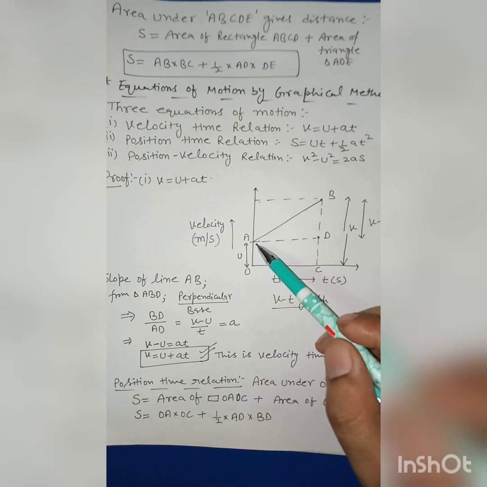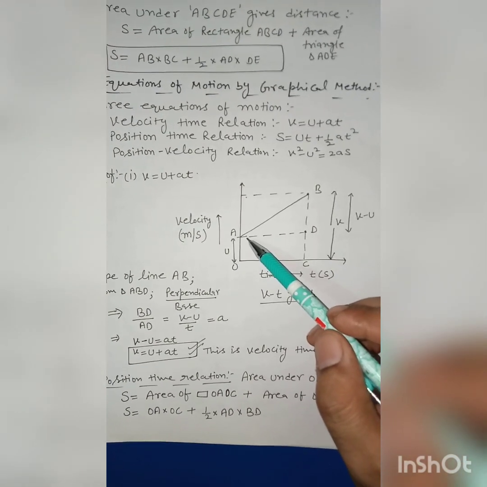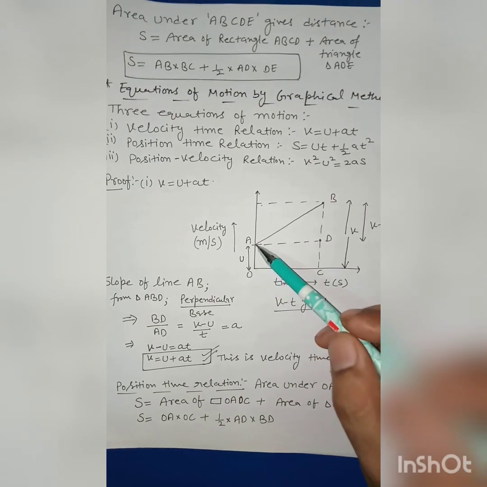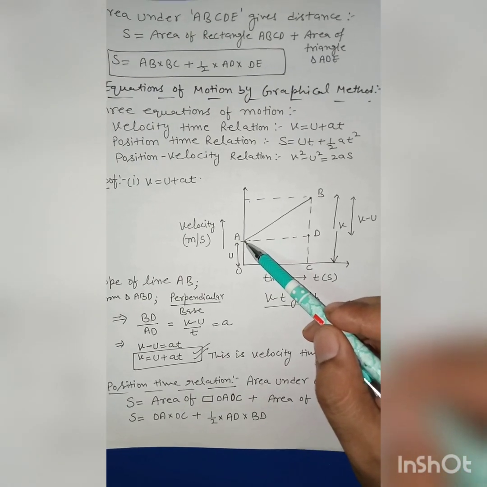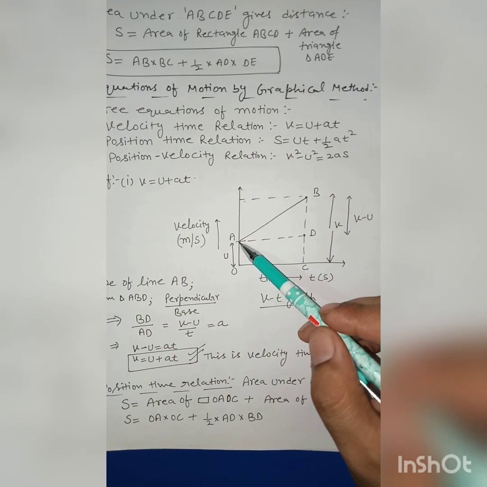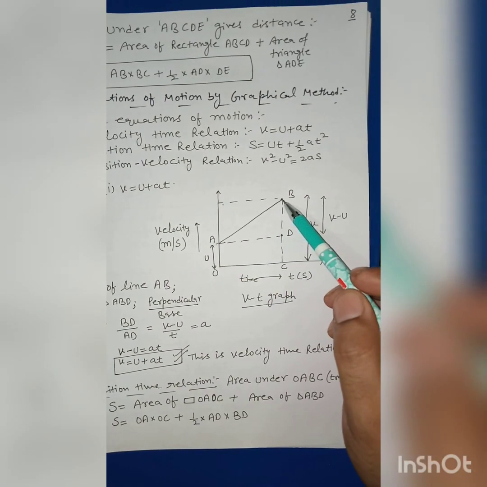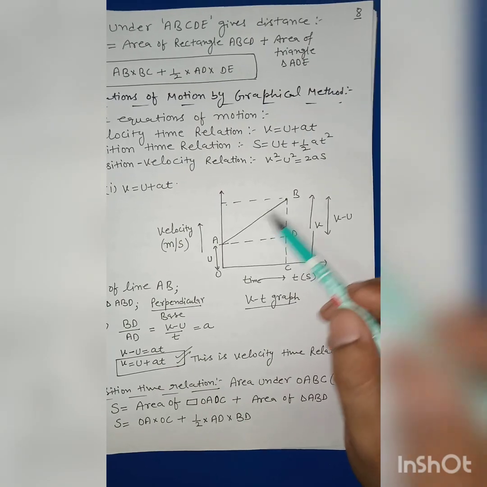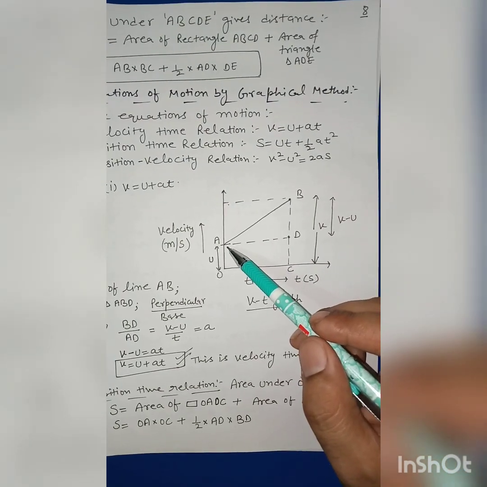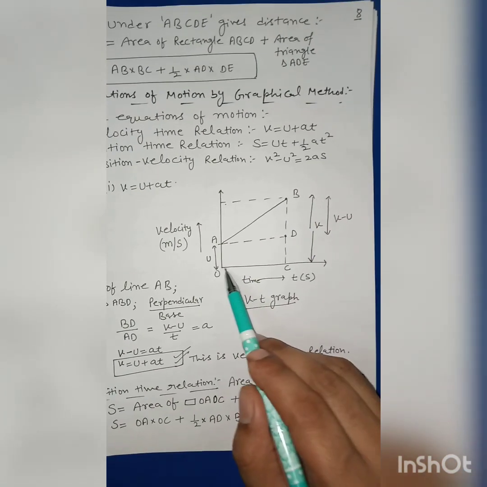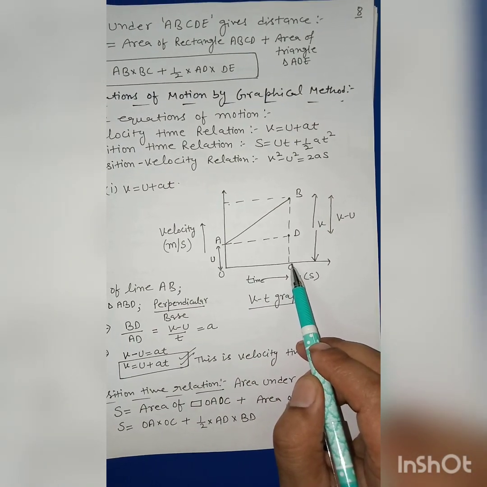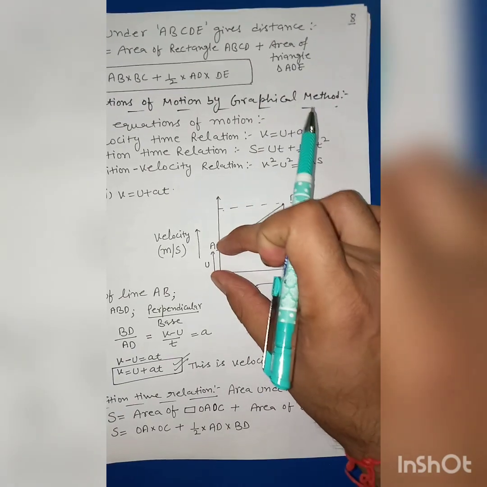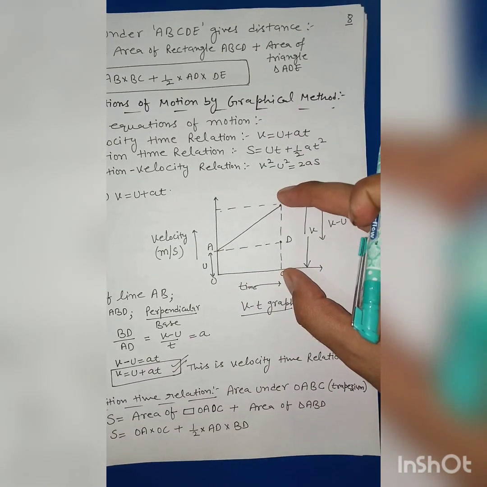Suppose an object is moving, having some initial velocity u at point A and final velocity v at point B. The time taken by the object between A and B is t.